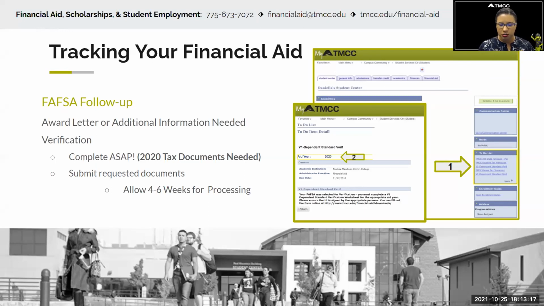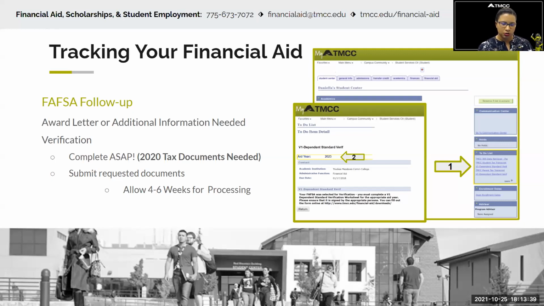So the government tells us, and they tell you as a family, that verification needs to be done. The school then sends you, typically, an email to your student email address around February or March for most schools, and they will tell you what documents you need to submit.